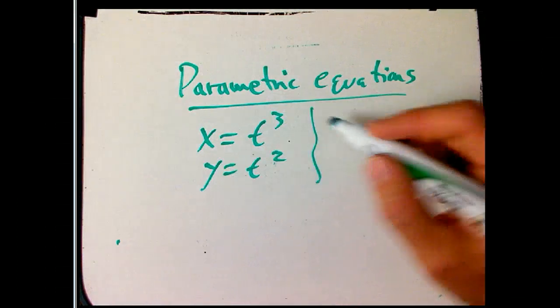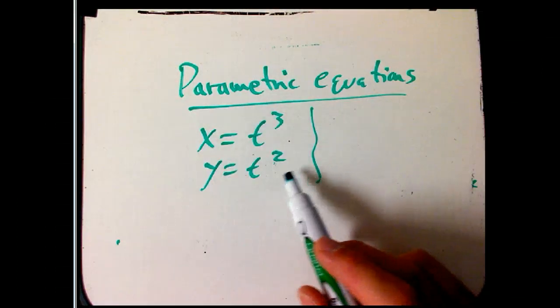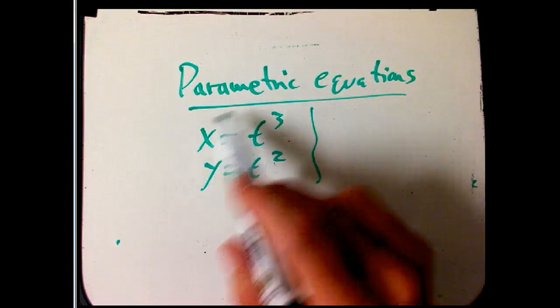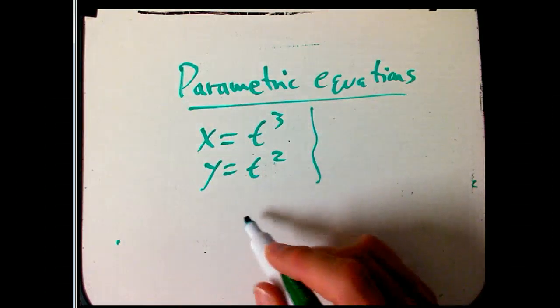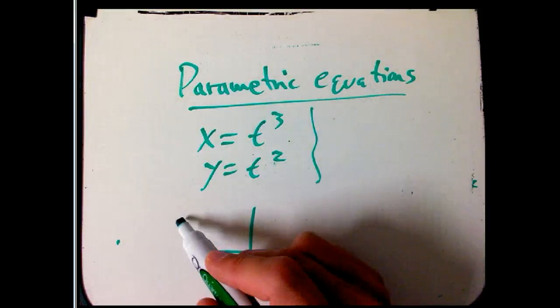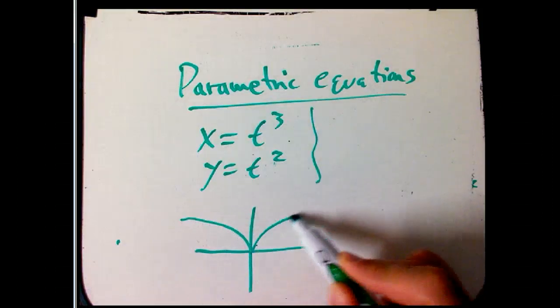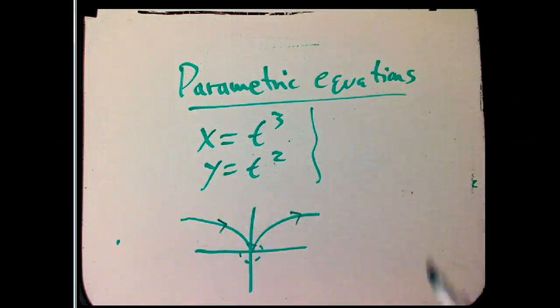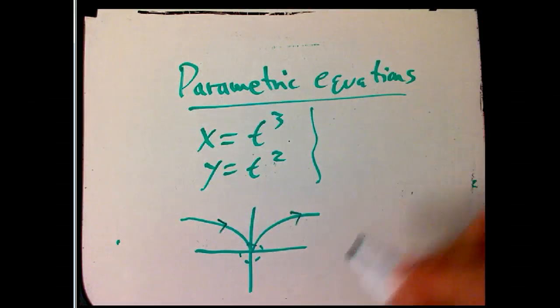And the idea is that we plug in various values of t, create points x comma y based on that t, and draw the curve that way. And so that's going to be the path of some particle. And this one, it turns out, has a kind of funky shape with a super sharp corner down here. It's going like this. We'll maybe do this one explicitly soon enough.